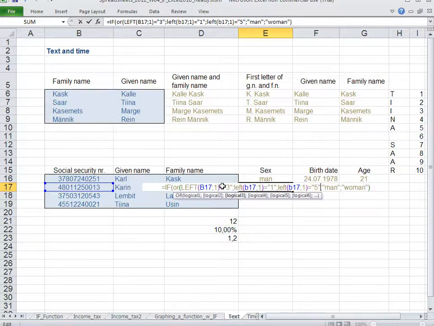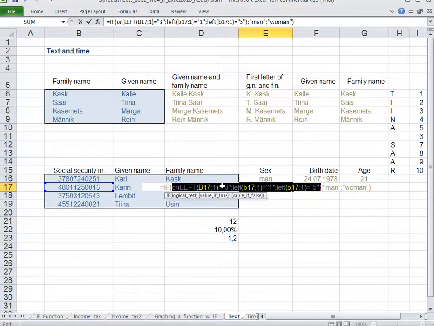And now we see that this all is the condition of the if. It's the more complex one. It consists of an or, and this or consists of 3 comparisons comparing the first character with 1, 3, and 5. It's whether it's 1 or 3 or 5. And here it is. If this pans out, it's a man, otherwise it's a woman.